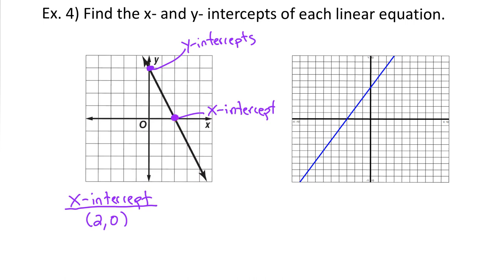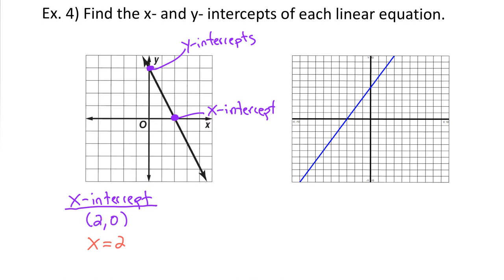Or another way you can say the x-intercept is x equals 2. So there's a couple of ways you can write down your answer. You can write a coordinate (2, 0), or x equals 2. Now notice what y equals. y equals 0. When you're looking for the x-intercept, the y is 0, and you just need to find the x value.